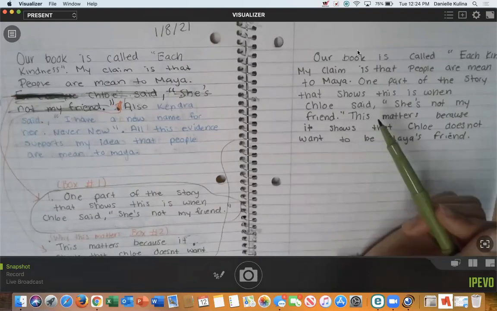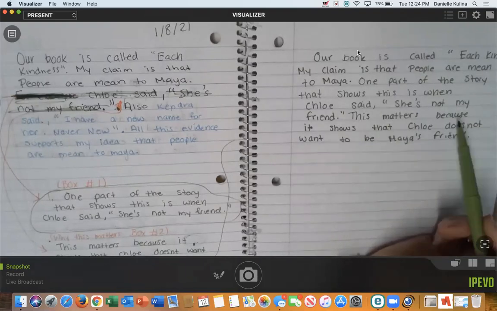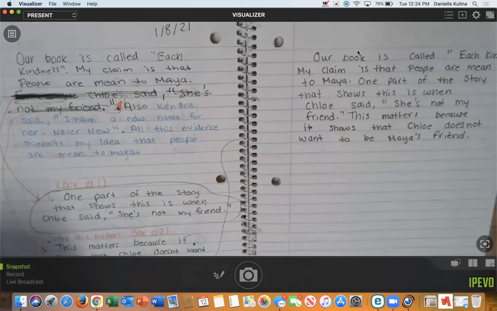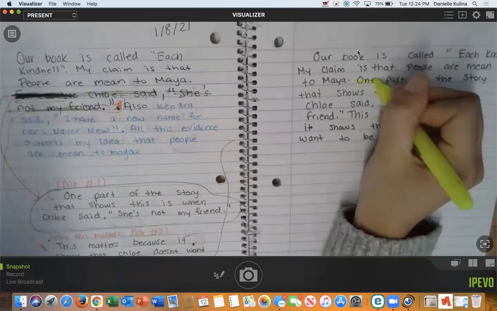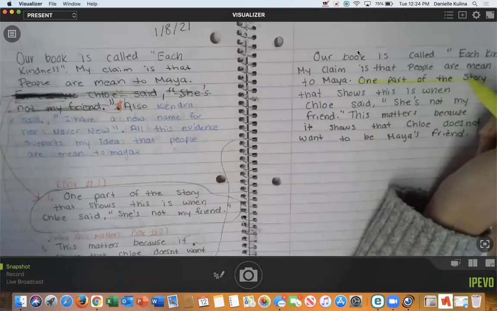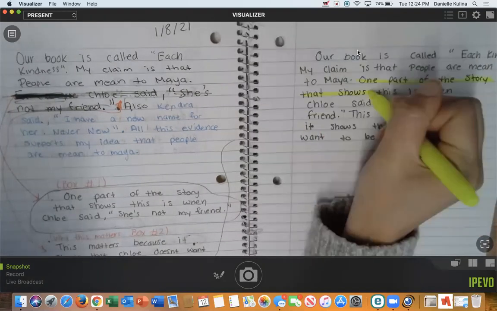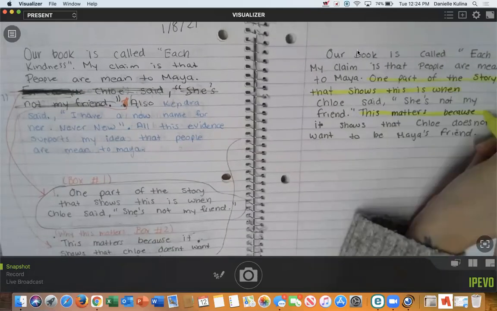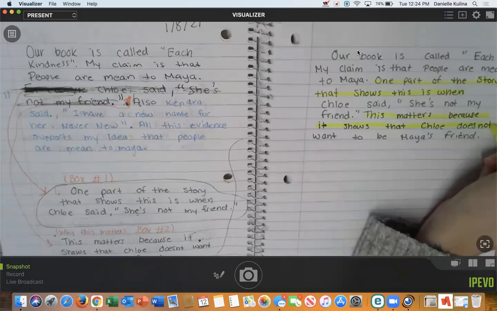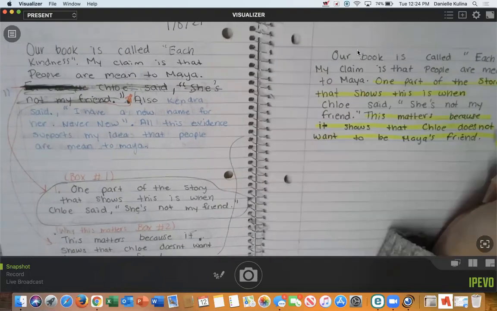This matters because it shows that Chloe does not want to be Maya's friend. So my new parts of this are this part that I'm highlighting, and then this whole sentence that we added that shows how and why this is important.